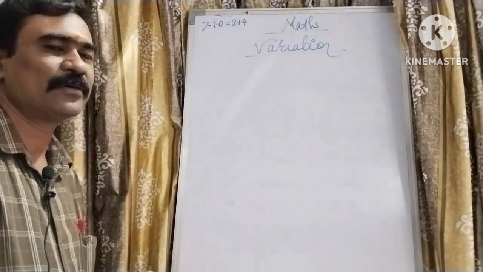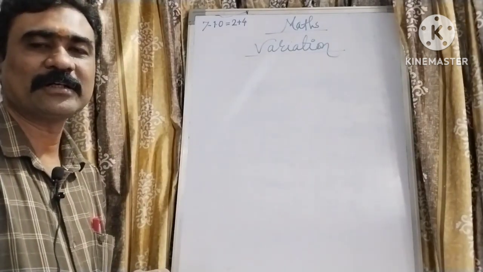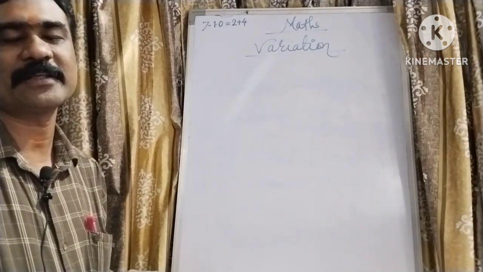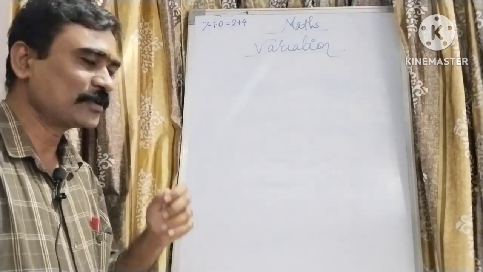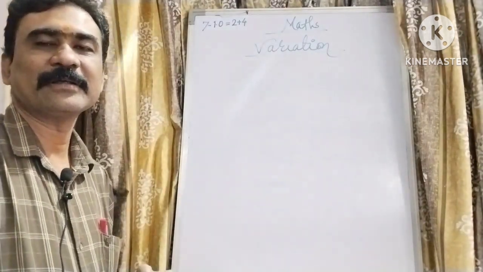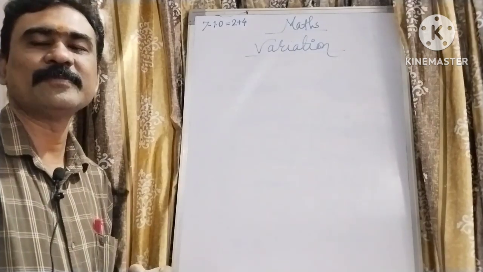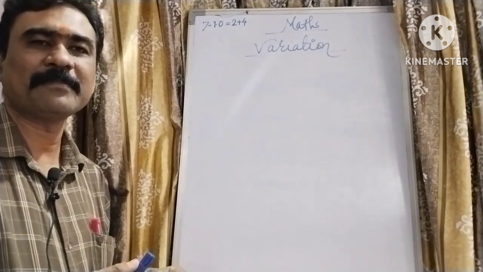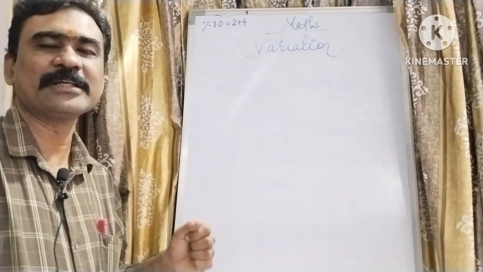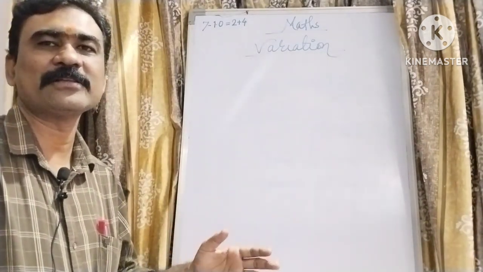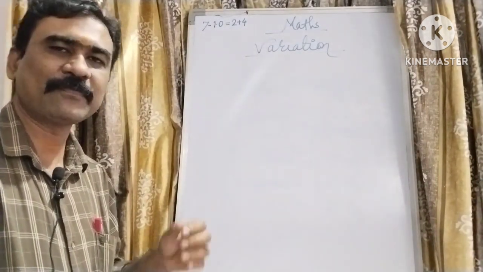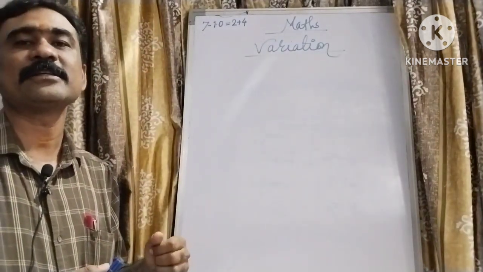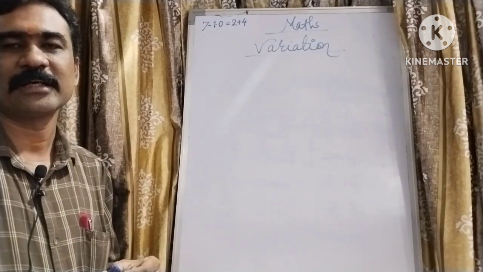In the last video, we discussed the first type of variation, which is direct variation. In a direct variation, if the change between any two quantities is the same, meaning if the first quantity increases, then the second will also increase. If the first quantity decreases, then the second also decreases.